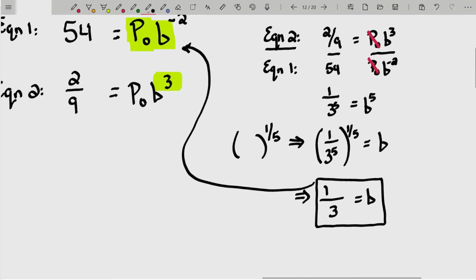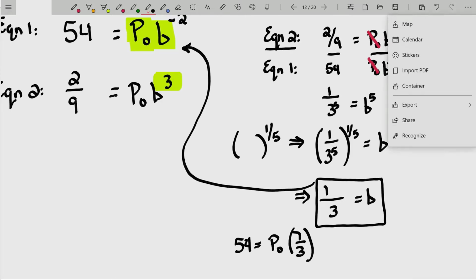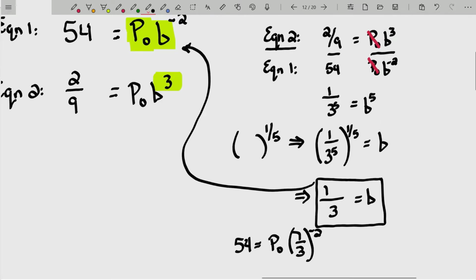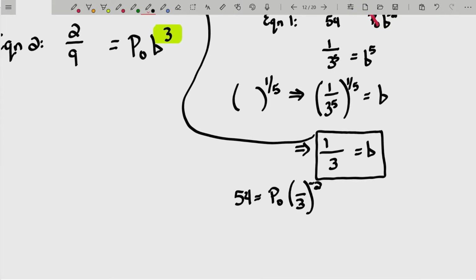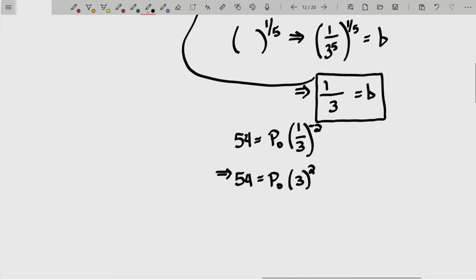So plugging that into the first equation, I get 54 is equal to P naught, and then I have this b value raised to the negative second power. It's supposed to be a 1/3. Sorry about that. Negative exponents means that you can flip the argument. So this implies that you have 54 equals P naught times 3 squared, which is 9.